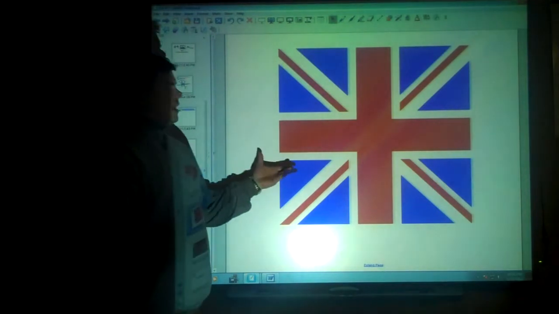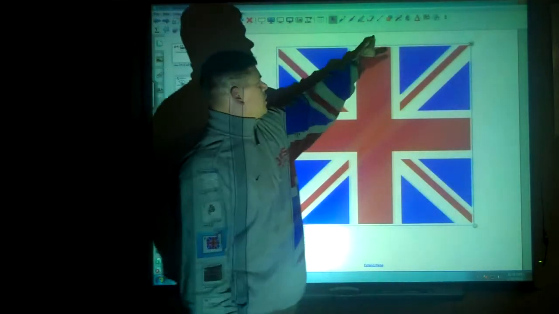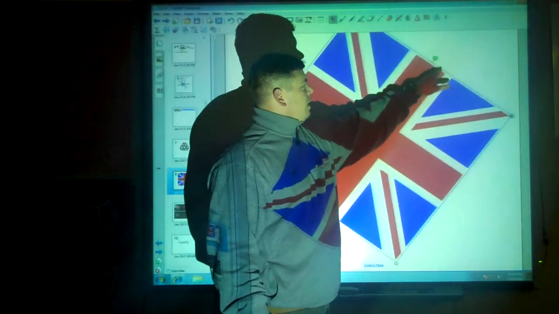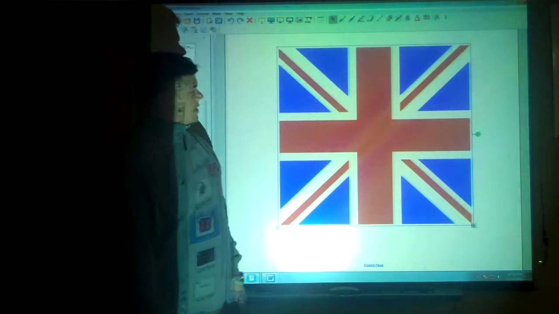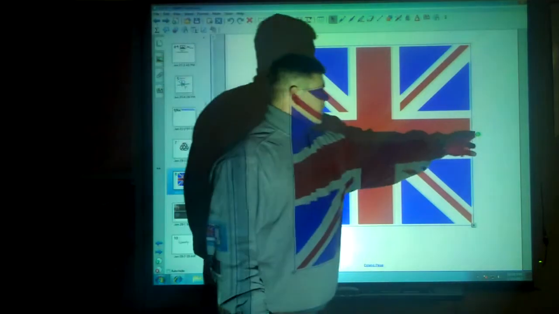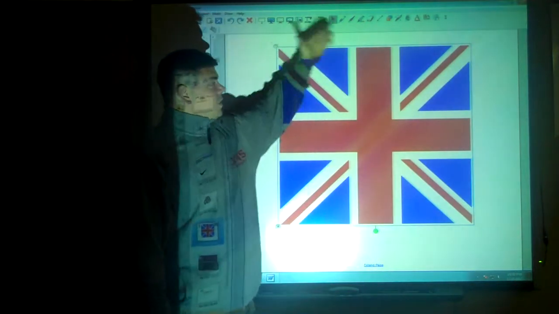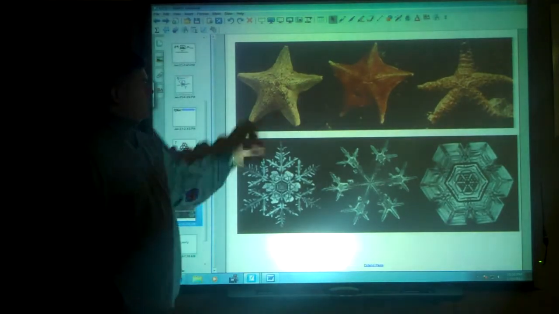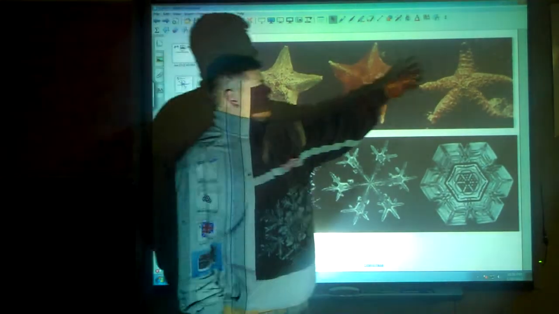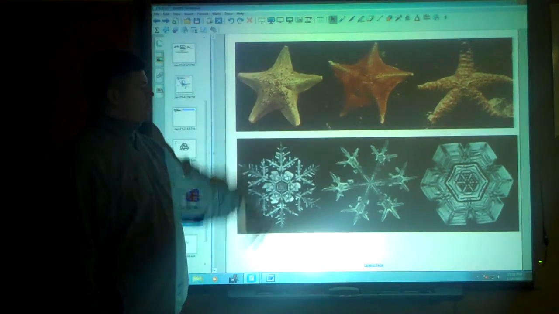All right, the Union Jack from England also has rotational symmetry. If I rotate this right here, that would be 90 degrees and it's still the exact same flag it was before. If I rotate another 90 degrees, which is 180, it still matches up, because it can go 180 or less and be rotational symmetry. These starfish have relatively rotational symmetry even though they're not perfect shapes.